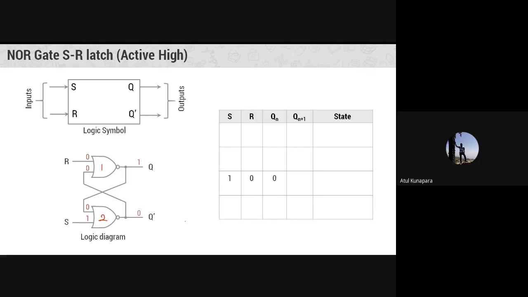Understand this? Before you applied S equal to 1 and R equal to 0, your output Q was 0, and that's why it has changed from 0 to 1. That is what we call a set condition. So you can see that the next output becomes 1, and this change of state we call a set.